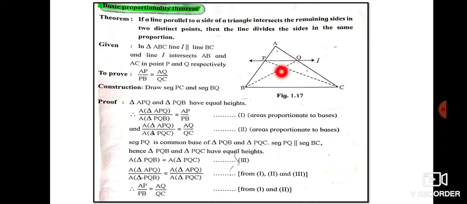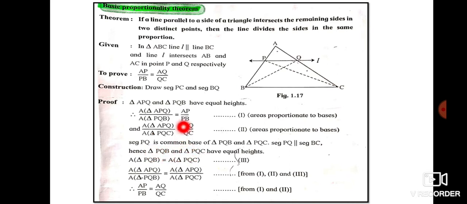Therefore, these two triangles have a common base as well as a common height. So this is like A1 upon A2 is equal to 1, or we can say A1 is equal to A2. So PQ is a common base and they lie between the parallel lines, and therefore they have a common height. So we can say that area of triangle PQB is equal to area of triangle PQC.